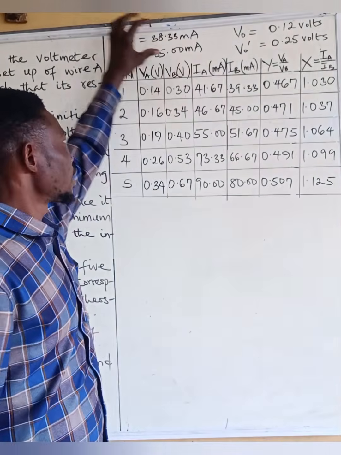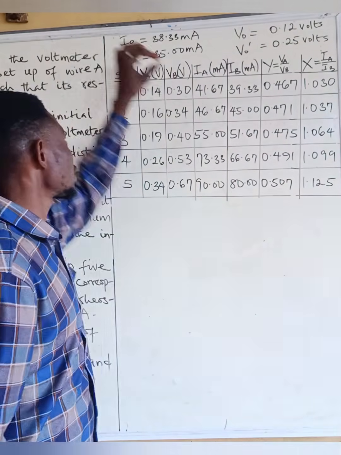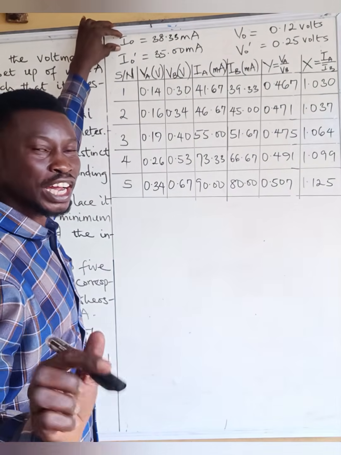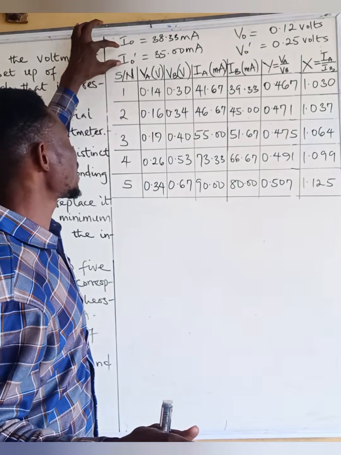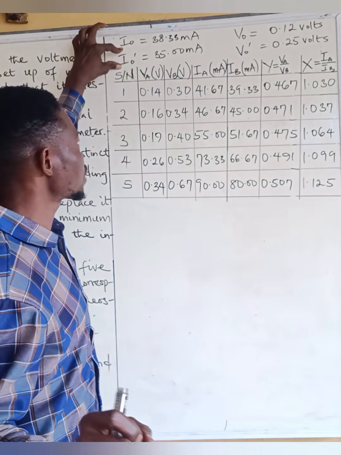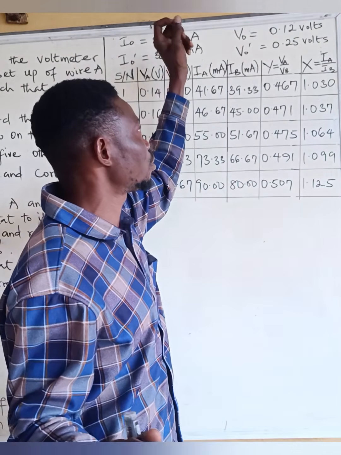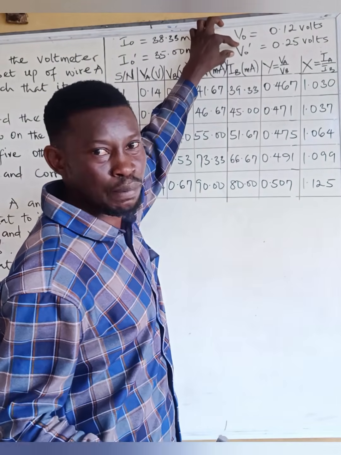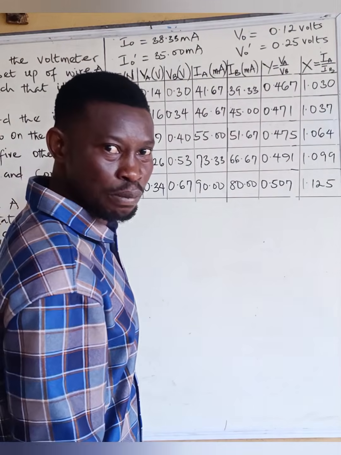These are the values I obtained for my own practice. This is I0, which is the initial current reading for the first wire. I0 prime is the initial current reading for the second wire. V0 is the initial voltage reading for the first wire, and V0 prime is the initial voltage reading for the second wire. I have my serial number here.